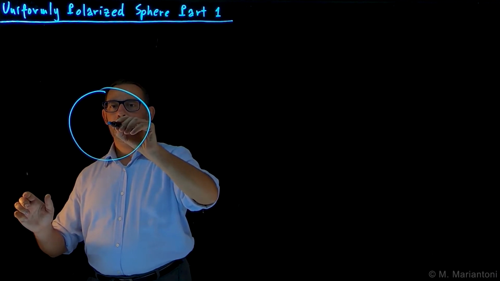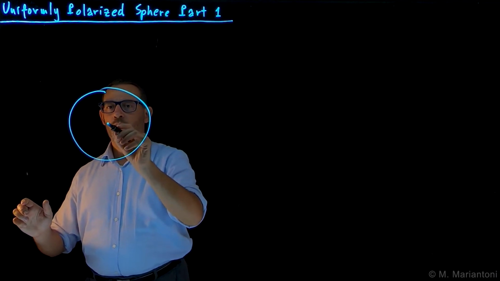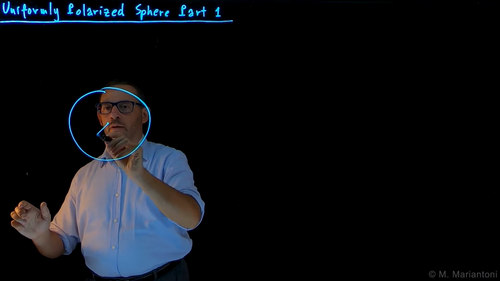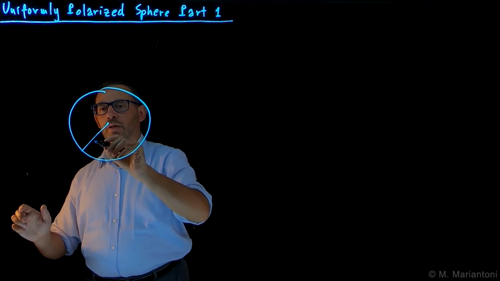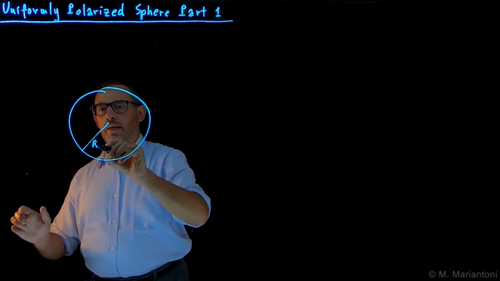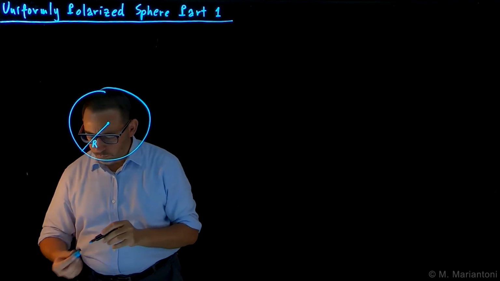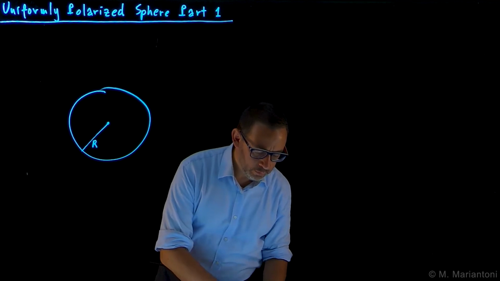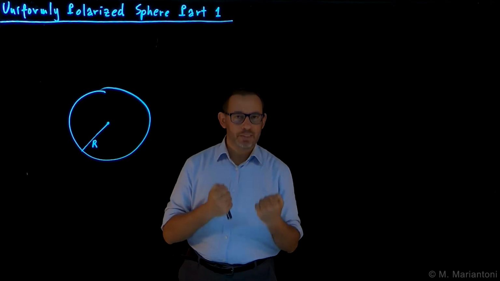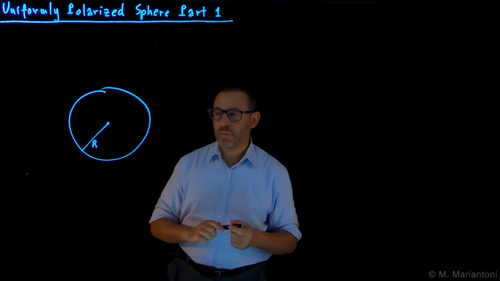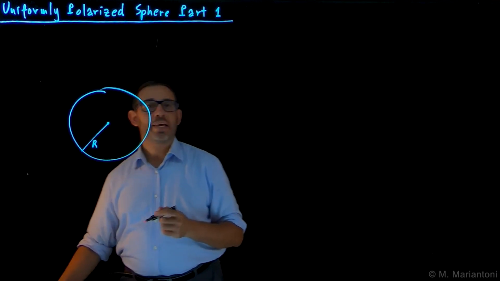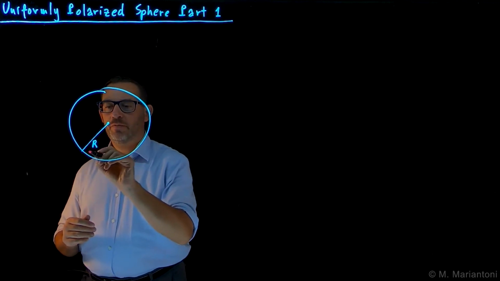So this is the center of the sphere, which is characterized by a radius capital R. As I already said, somebody gives me a polarization field, a vector field P, which is uniform within this sphere.